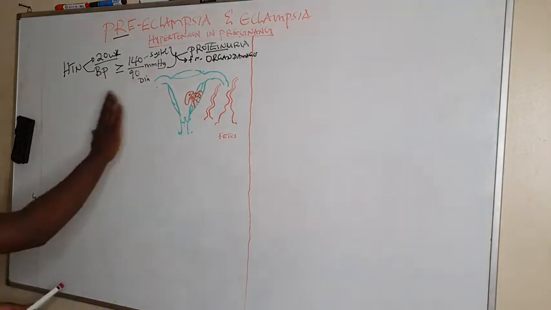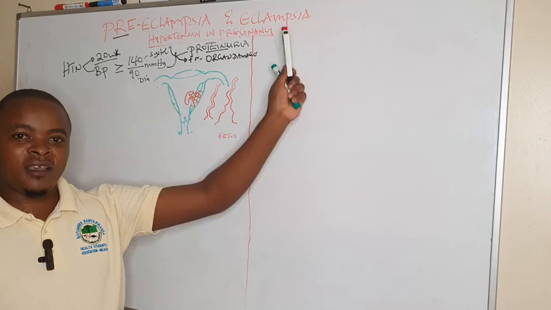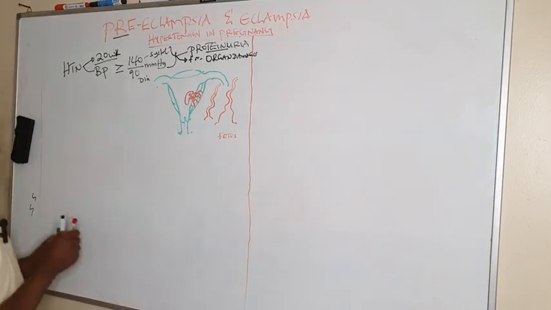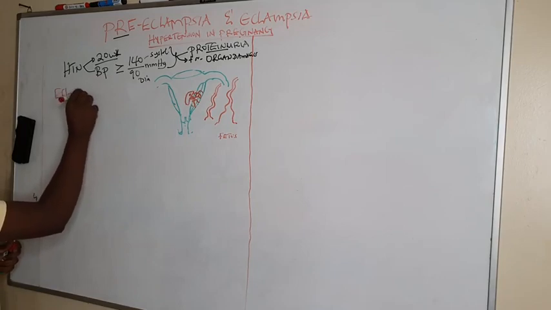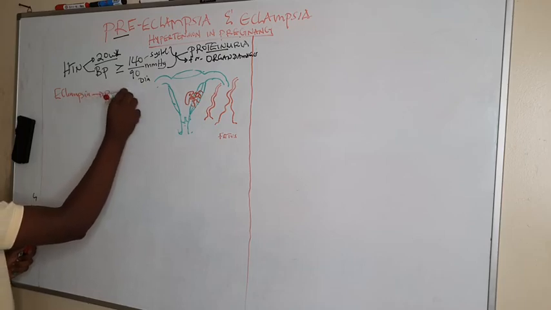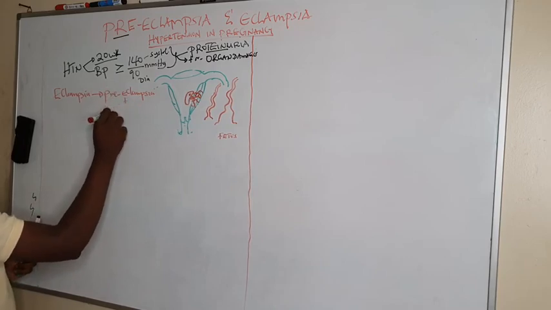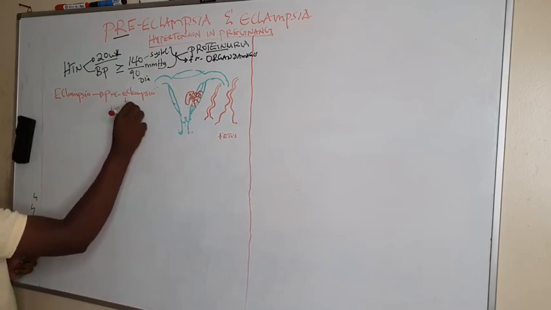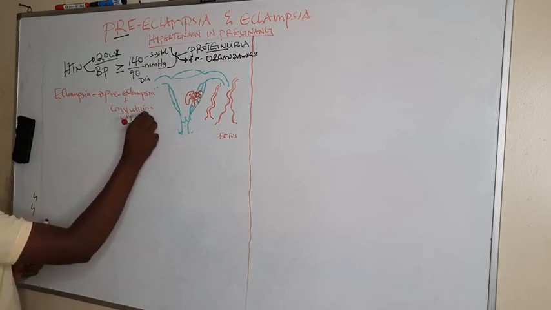After knowing what preeclampsia is, you can ask yourself, what is eclampsia? Eclampsia is preeclampsia plus convulsions, or what we can call seizures.